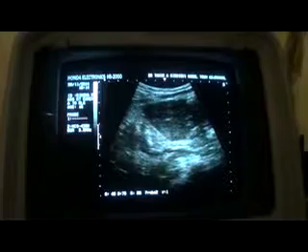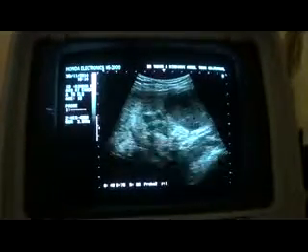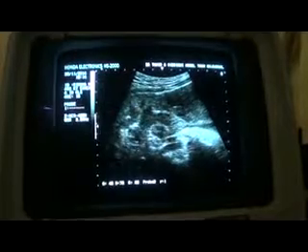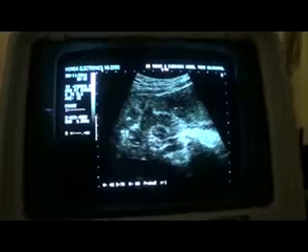What is this region? In this region, we see fluid with echoes. This is fluid with echoes.